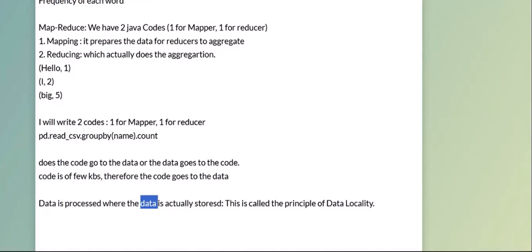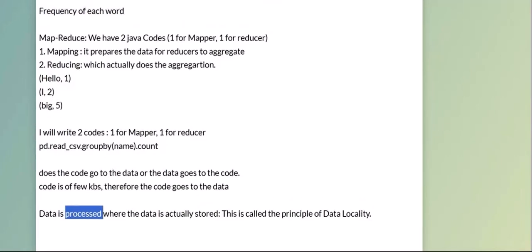If the data had to be moved to the code, it would take a lot of time and would not make sense. Number two is the principle of data locality: the data is processed on the node where it is located.